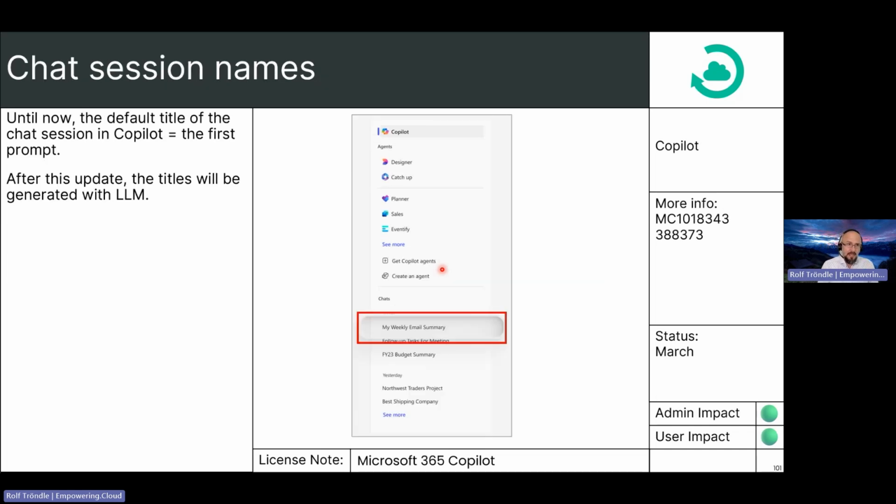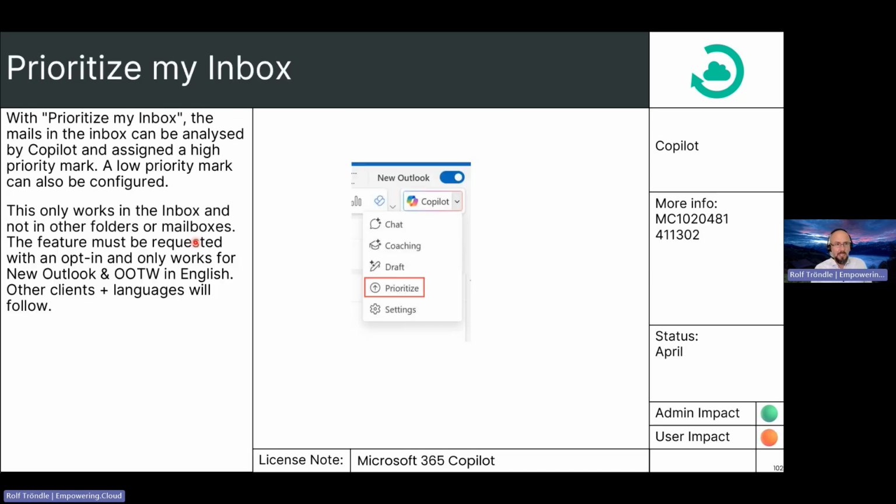And chat sessions in Copilot chat will get better names. Till now, Copilot used the first prompt, like my weekly email summary, and so on. Now this chat title will be generated using an LLM, as you are used to, for example, from ChatGPT.